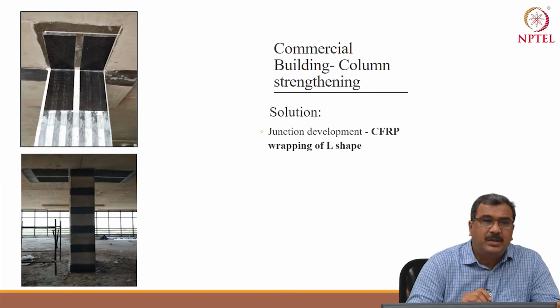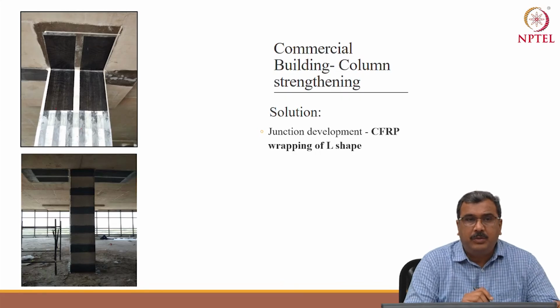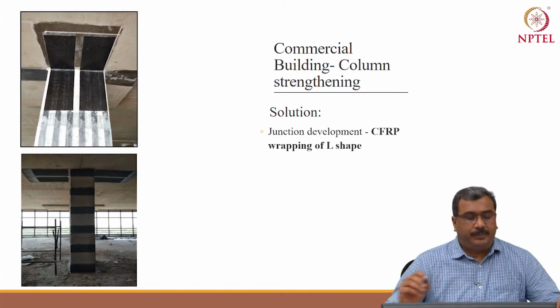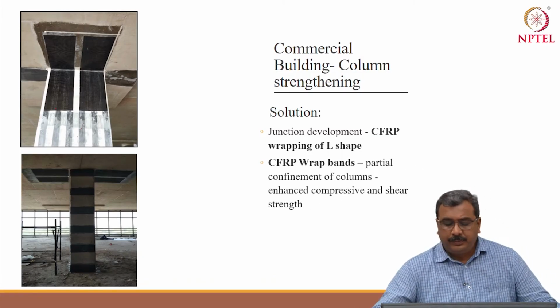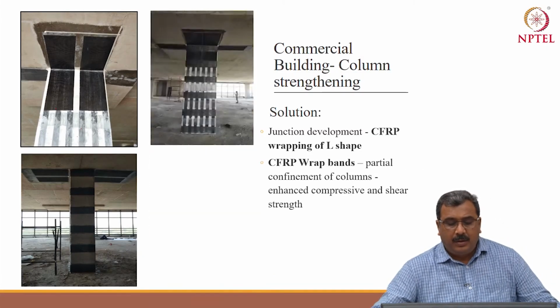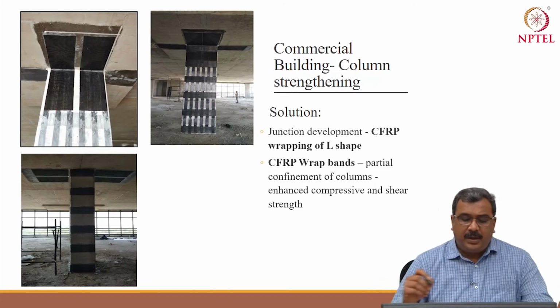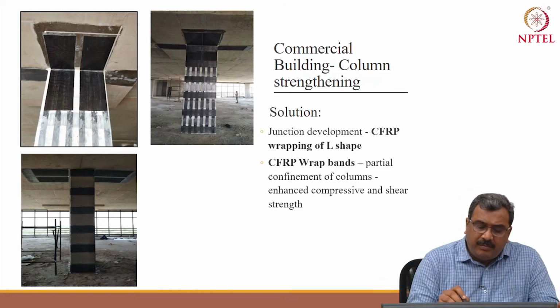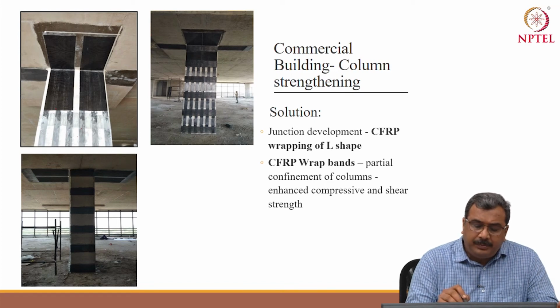Also it will help in some increase of compressive strength by way of confinement. This is the completed one; all these bands will be carrying an anchor at the lap.